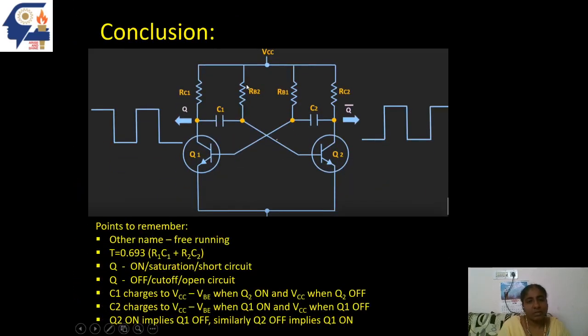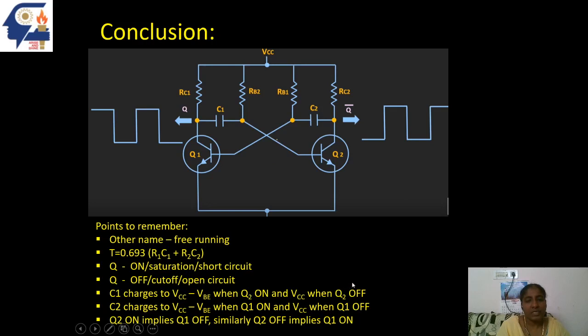Conclusion: this is an astable multivibrator. The outputs obtained are complementary at the collector points of the two transistors. Another name is free running multivibrator. The time period we calculated is 0.693 (R1C1 plus R2C2). When a transistor is said to be in on state, it is in the saturation region, short circuited. When a transistor is said to be in off state, it is in the cut-off region, open circuited.